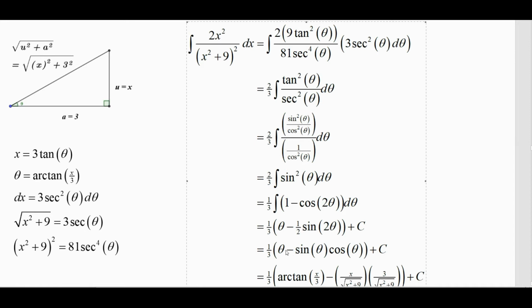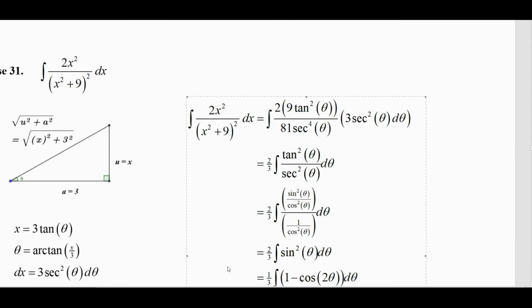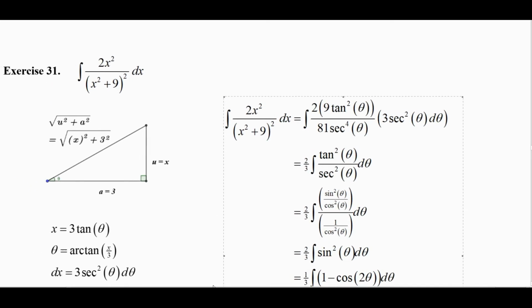All right, now we can substitute back in. As we saw before, theta is the arctangent of x over 3. So that's what theta is. Sine theta is opposite over hypotenuse, and so that is x over the square root of x squared plus 9.